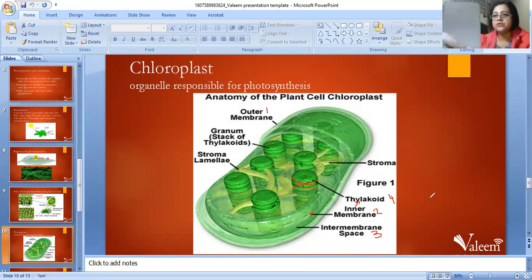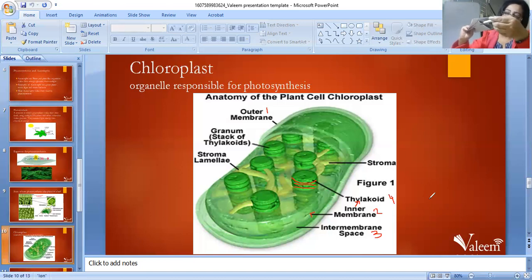I want to show you how thylakoid is formed. Let's say this is the inner membrane. This paper in my hand represents the inner membrane. Now how will the thylakoid be formed? If you look at it, you would be able to see this is how the membranes are present. This is one folded membrane, you can see clearly.